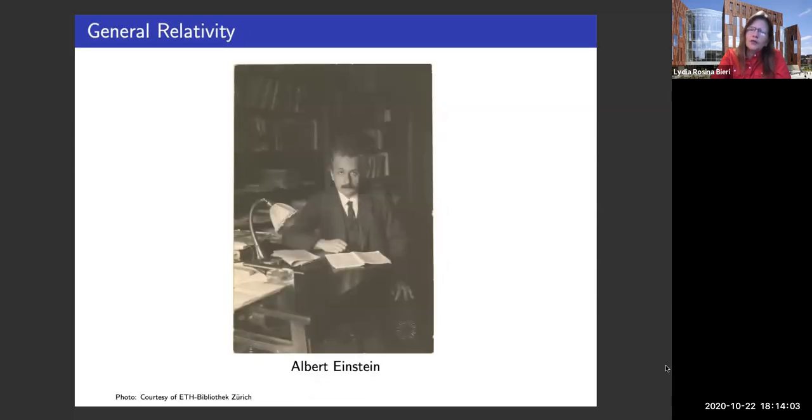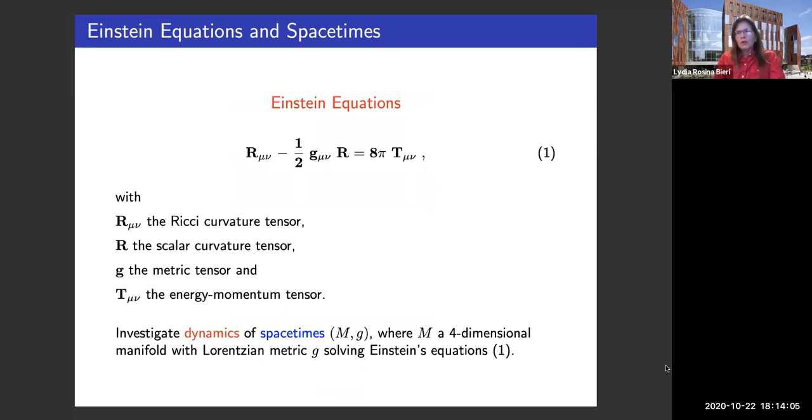Let me now introduce you to the Einstein equations. Albert Einstein in 1915 wrote down the Einstein equations, and let me explain them briefly. In the first equation, on the left-hand side, everything I call R here is curvature. This is what we call the Ricci curvature tensor.